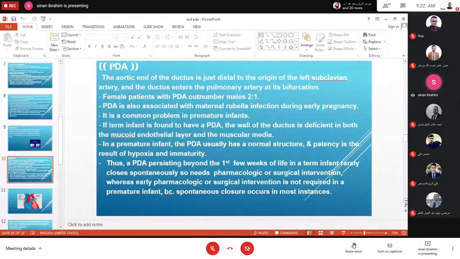or it may be found in term infants, and in the full-term infant, the wall of the ductus is deficient in both the mucoid endothelial layer and the muscular media. This is the cause of PDA in full term, while in premature infants, the PDA usually has a normal structure, with no deficiency, and the cause of persistent patency is hypoxia and immaturity.